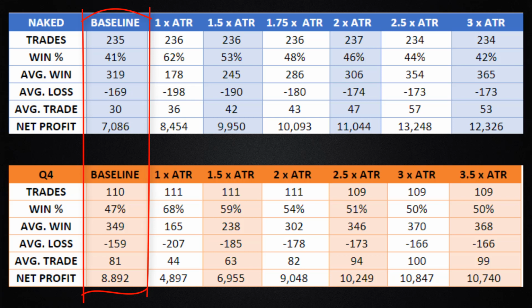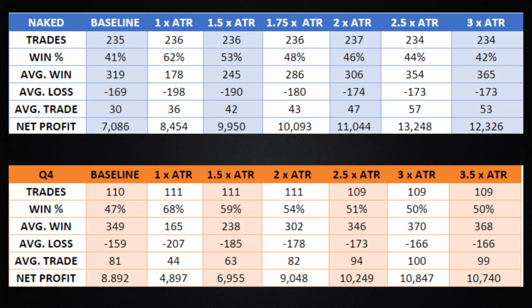However, when you added a different way of taking targets instead of just letting everything ride until you were stopped out, the original naked baseline test actually performed better than the Q4 qualifier, if you look all the way up to the maximum result, which for the first one is 2.5 ATR and for the Q4 qualifier is 3.0 ATR.